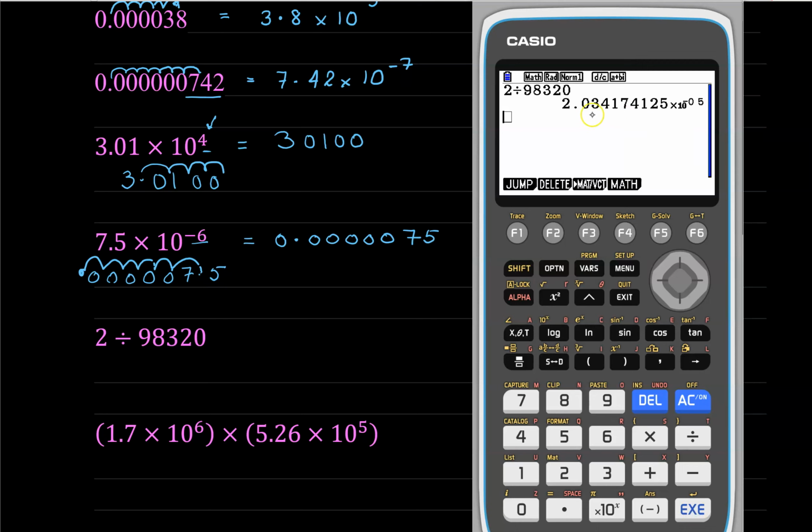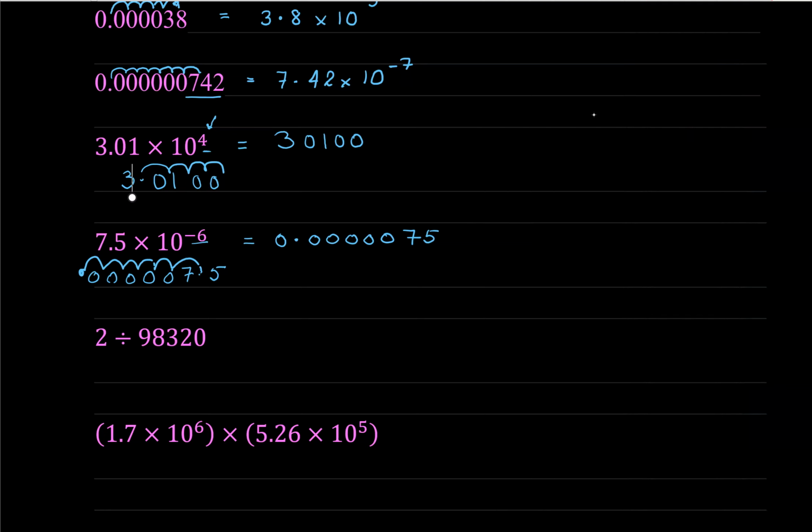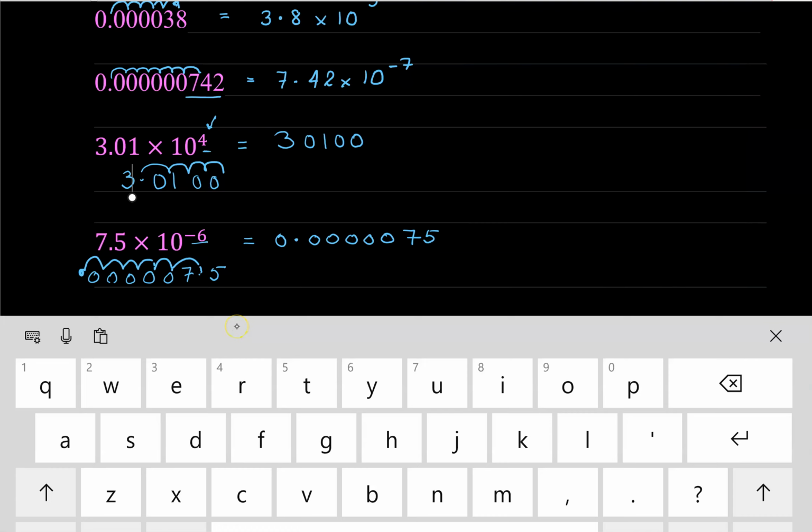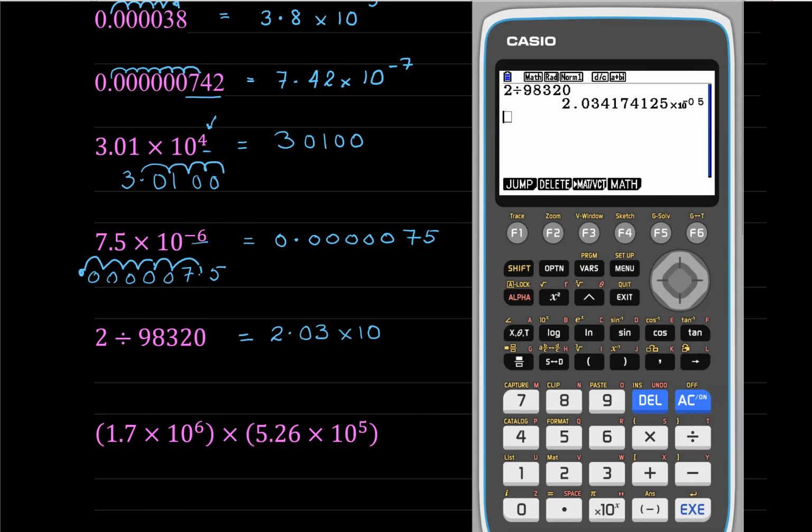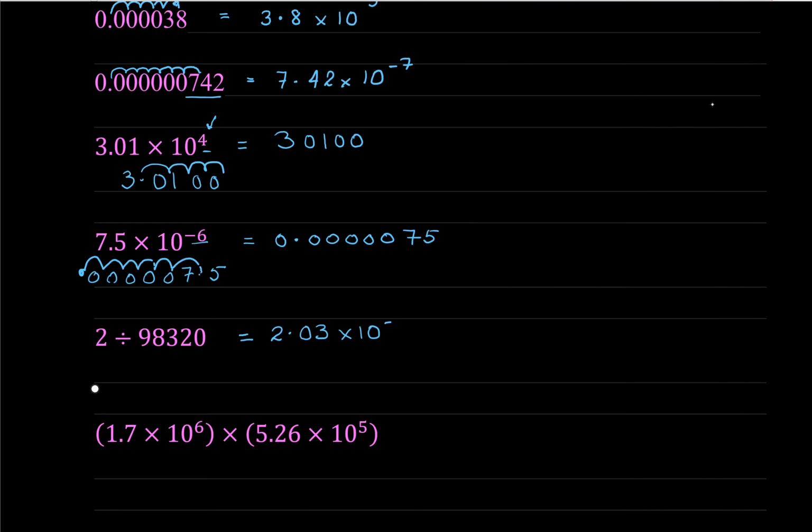Now I don't want to write every single one of these numbers, so I'm just going to take the first 3 there, so 2.03. So 2.03 times 10 to the minus 5, so we just pop that over there. So pretty simple.